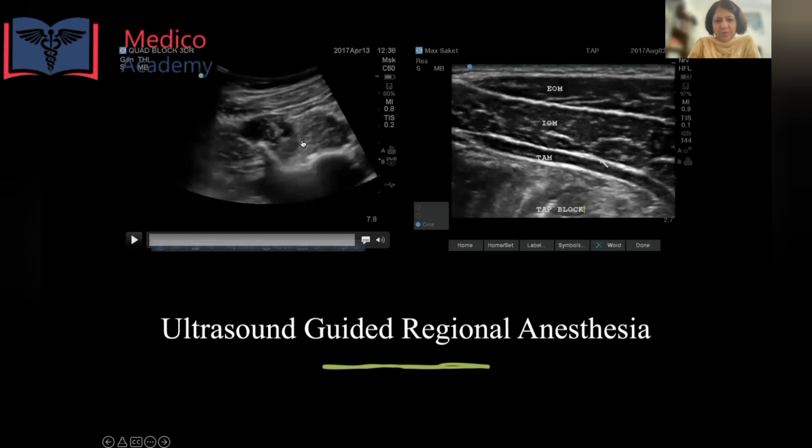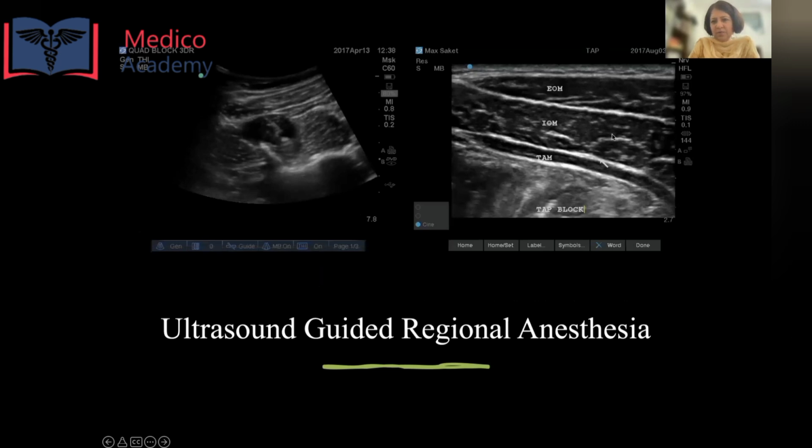This is the psoas muscle, this is the quadratus lumborum muscle, and these are the erector spinae group of muscles. We bring in the needle from here and deposit the drug between the psoas and the quadratus lumborum in this plane, and it is postulated that this passes through the muscle planes and enters the paravertebral space, giving us the analgesic effect that we want.